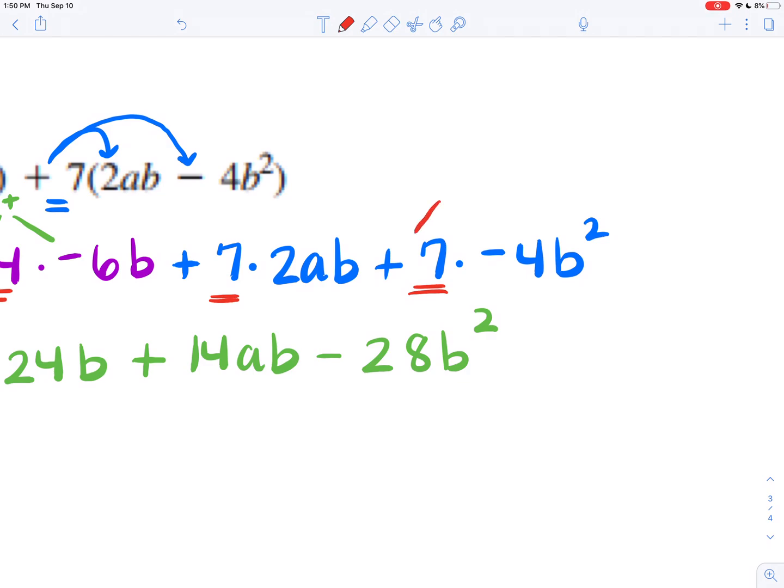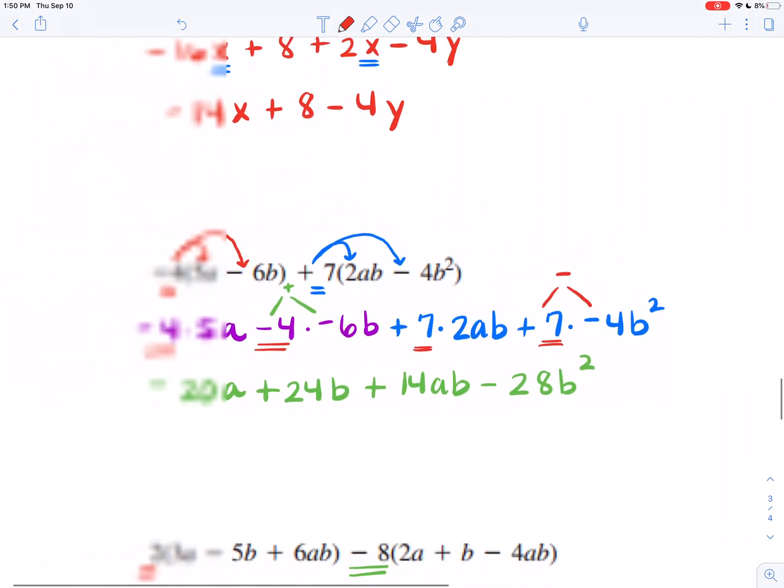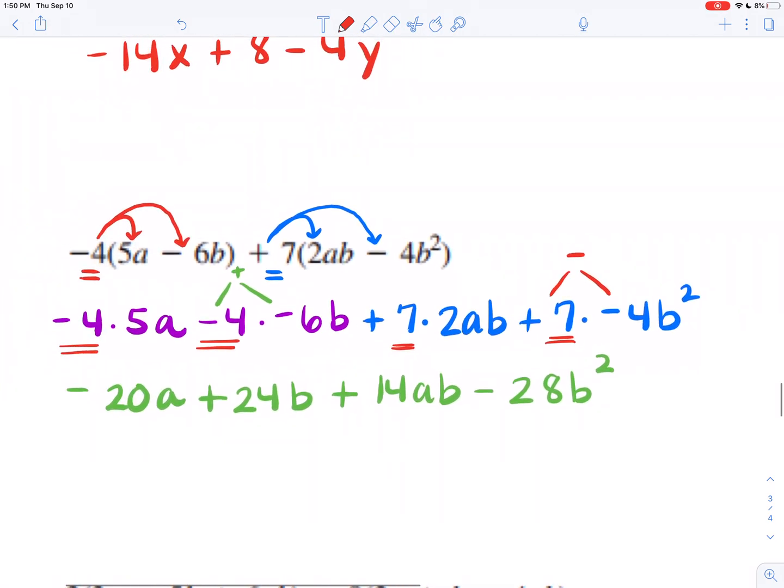Because a positive times a negative is negative. And then I did check to see, could I combine any like terms, but I couldn't. None of these four terms have the exact same literal part. There's an A, then there's a B, then there's an AB, then there's a B squared. None of those look exactly the same, so none of those can be combined further.